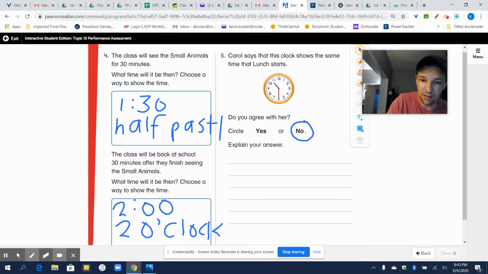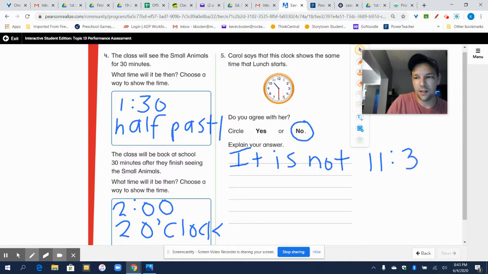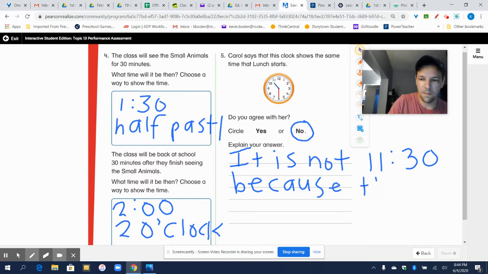So I'm going to write that down. It is not 11:30. Now I'm writing this really big so you can see it. You guys write it a little bit smaller, neater on the lines if you can, okay? It is not 11:30 because the hour hand, we're using some first and second grade math terminology here.